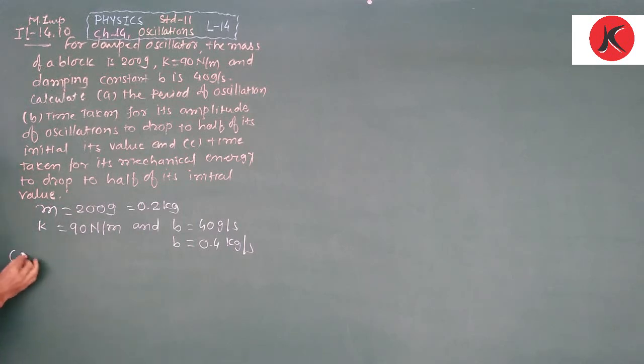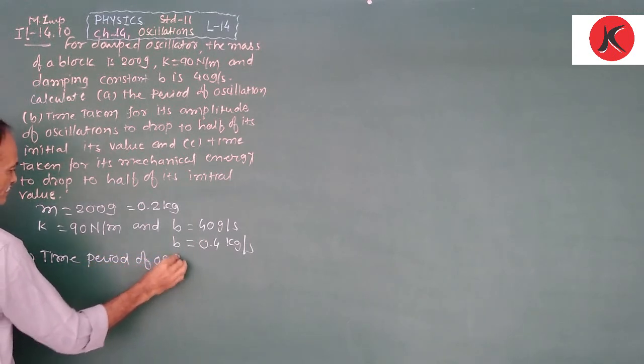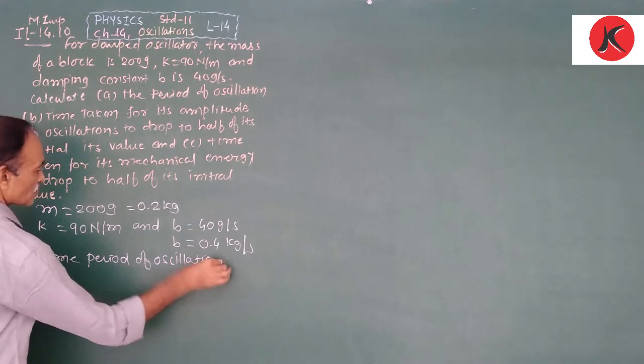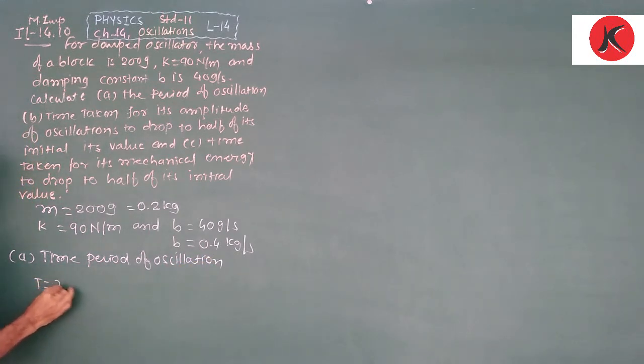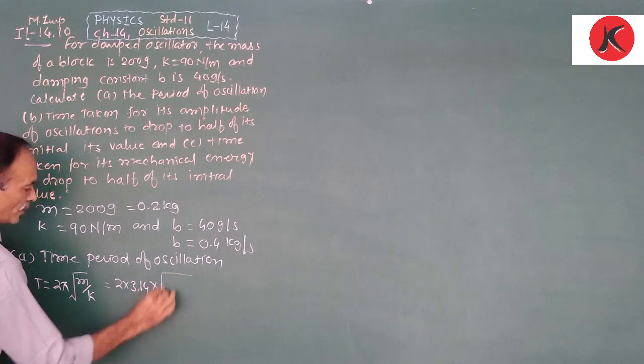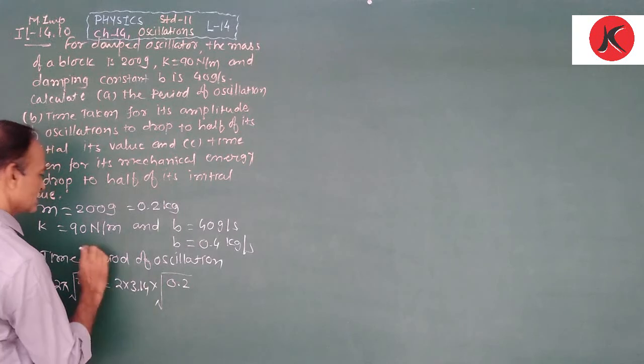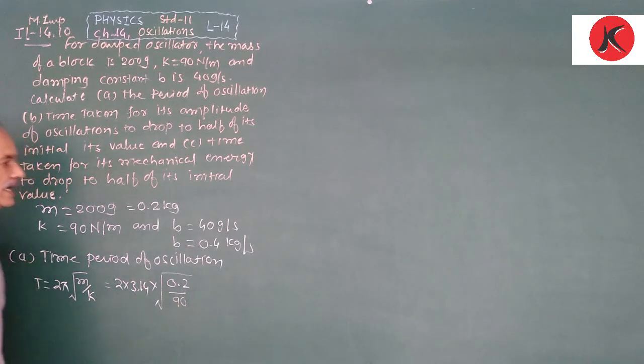First, we have to calculate the time period of oscillation. So we know that periodic time T is equal to 2 pi under root of m upon k. Because m and k are given, therefore 2 into 3.14 into under root of 0.2 by 90.